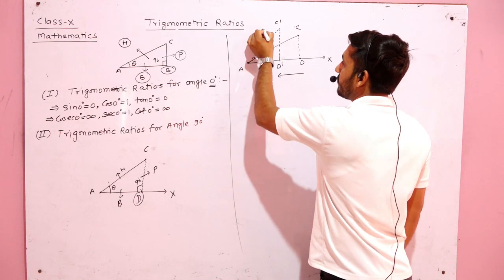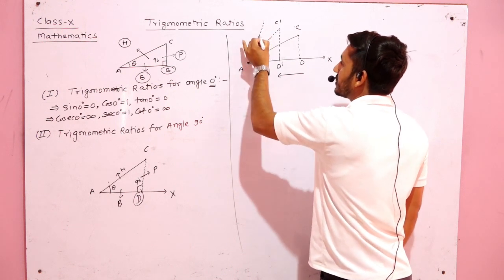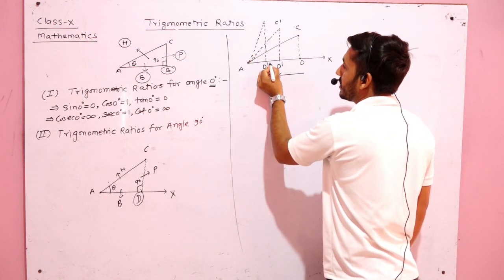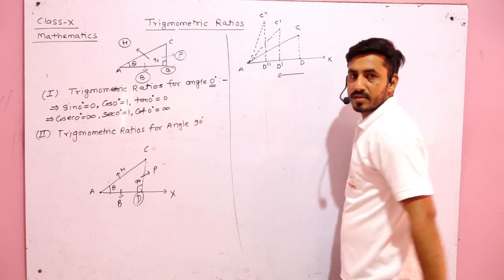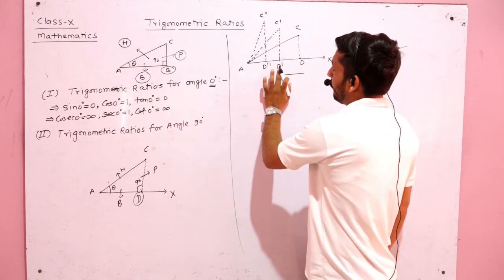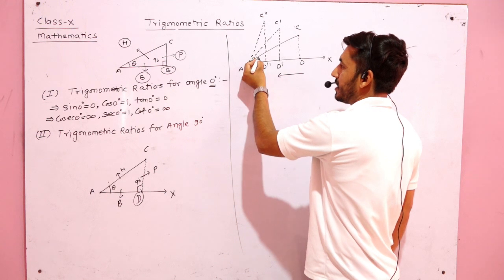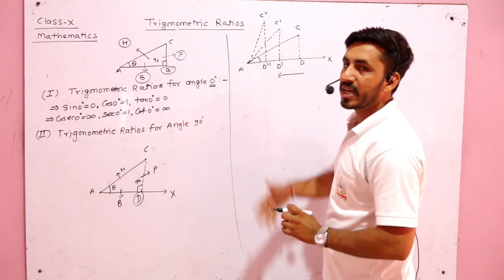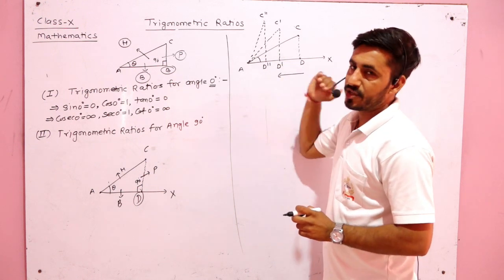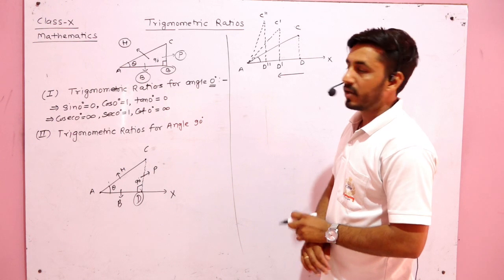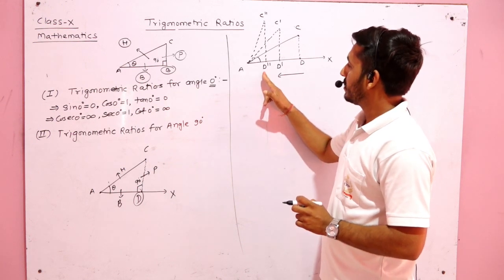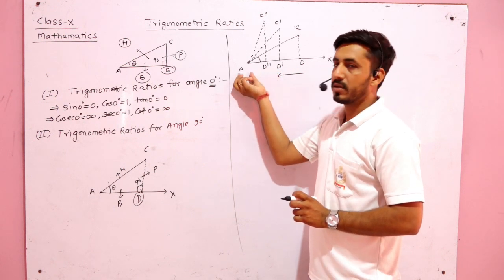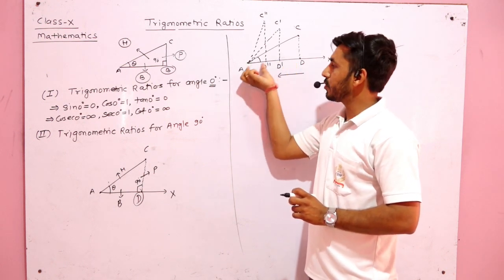In the next condition, if I am taking this side, the next points will be D double dash and C double dash. From here you can see, first if I take theta here, then I am increasing theta for different values. Then from this situation I can see clearly that this point D is coming towards this point.